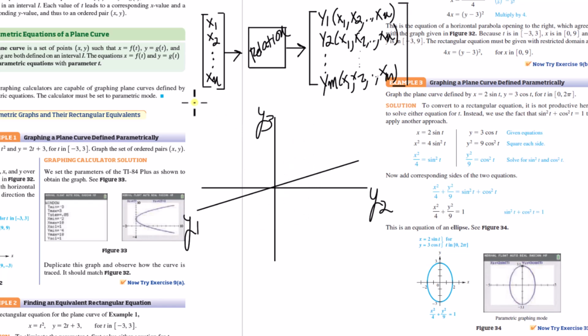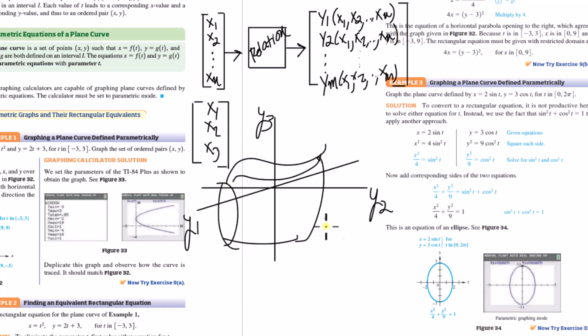If there were 3 inputs, then you would have a parametric body, a volume, where what the input is going to dictate where you're located on the body. For all the potential inputs, you'll scan the entire body. If you had a 20-dimensional output with 3 inputs, you'd be thinking about a solid body in 20-dimensional space.